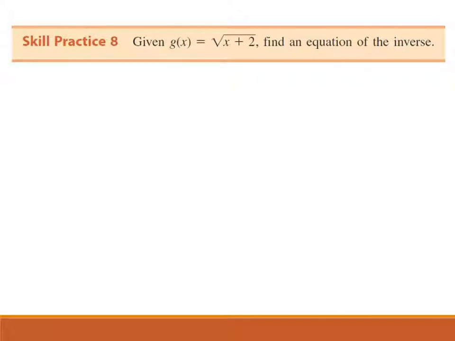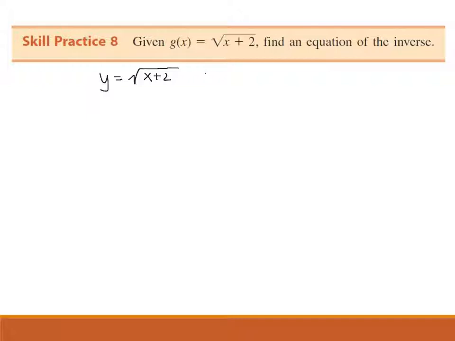So now we're going to try to do skill practice 8. Here we have g of x is equal to the square root of x plus 2, and find the equation of the inverse. So in this particular case we have y is equal to the positive square root of x plus 2.